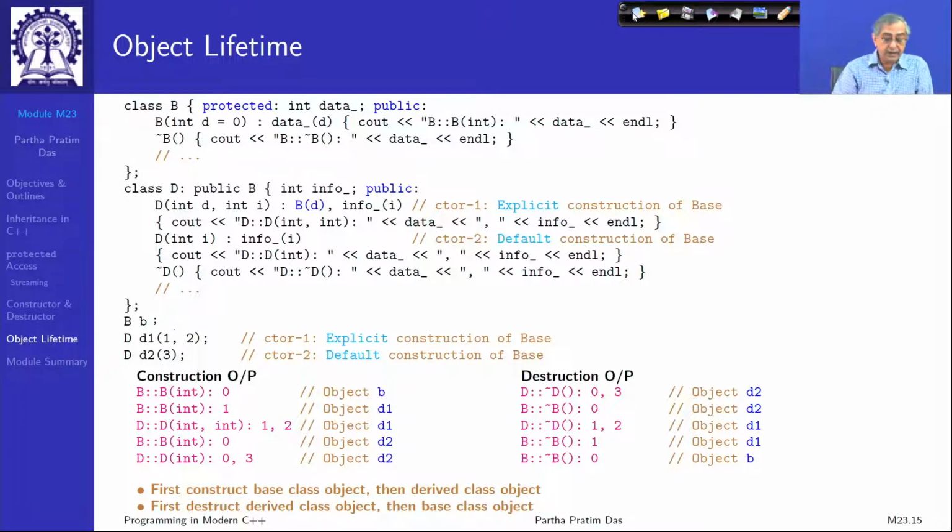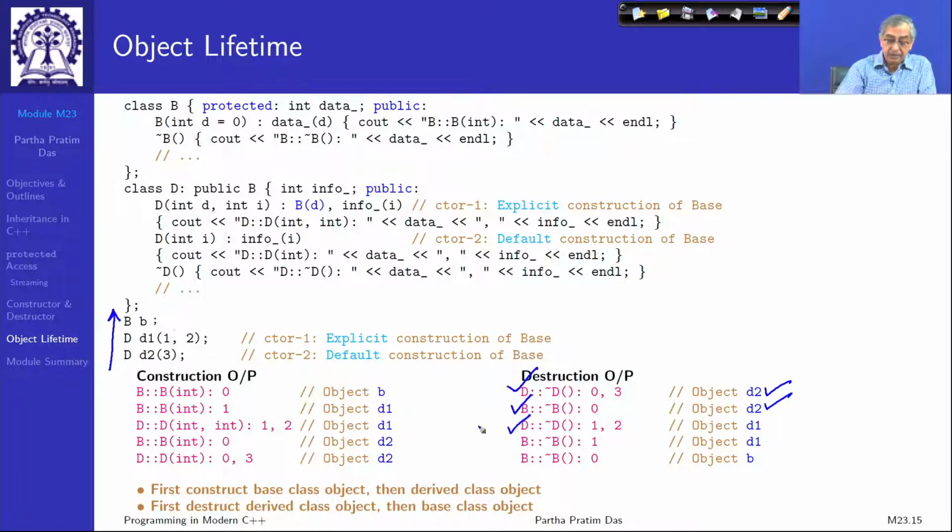You can easily see that the destruction will happen in the reverse order. First, the destructor is called for the last object created, d 2. Now, it has to destroy the base class, so it will call the destructor of the base class for the value 0, and then the task gets completed.